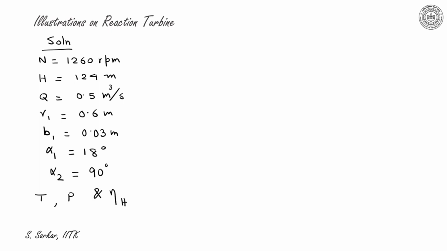Let me first draw the velocity triangle. This is the meridional view of the blade. So this is U, the tangential velocity.